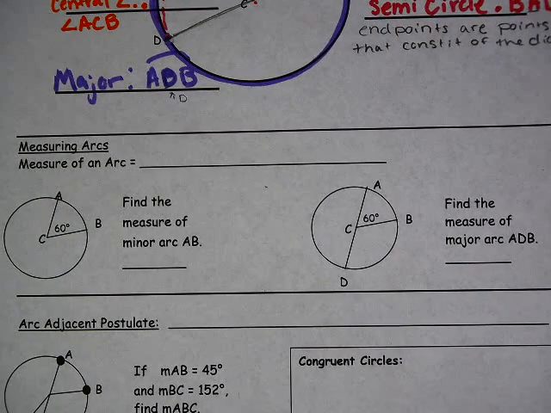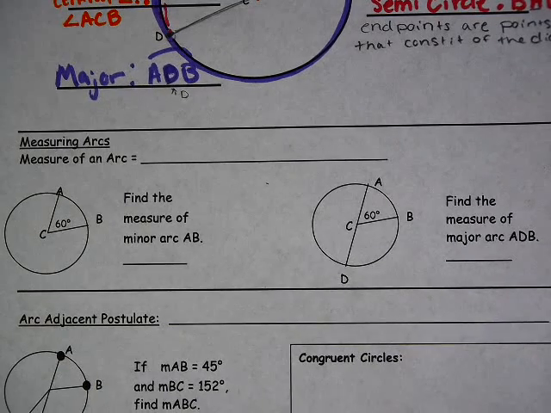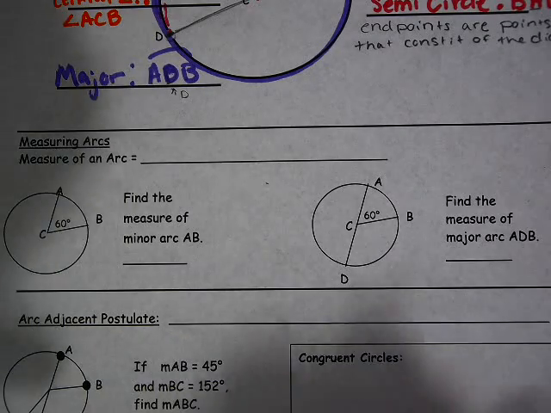And so now this is what this section is going to be mostly about, solving for arcs. Let me write down the formulas that you're going to need to know.